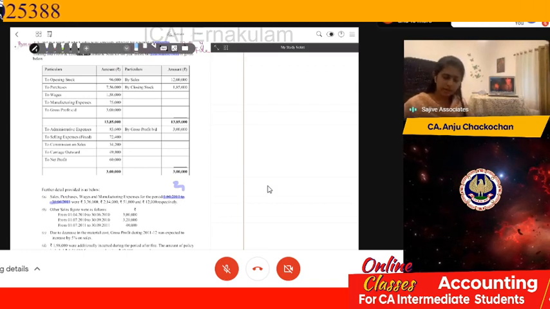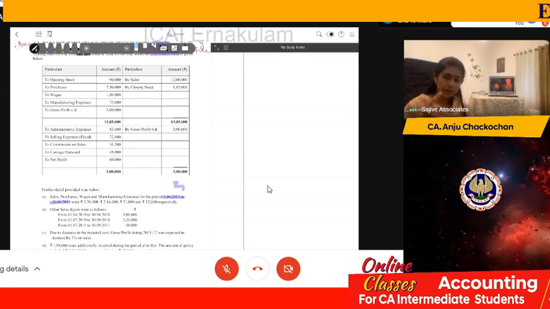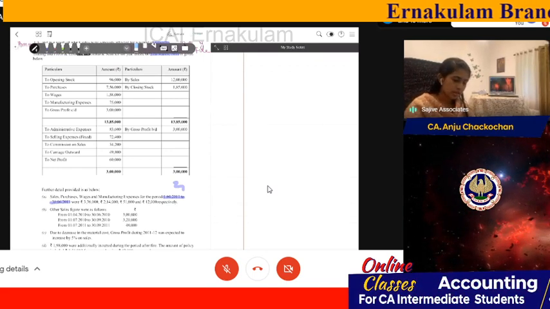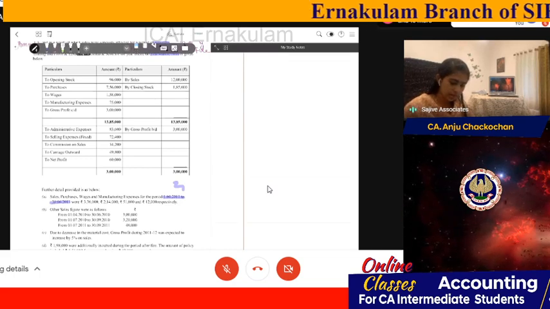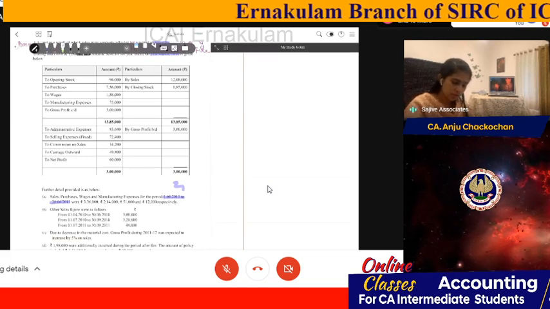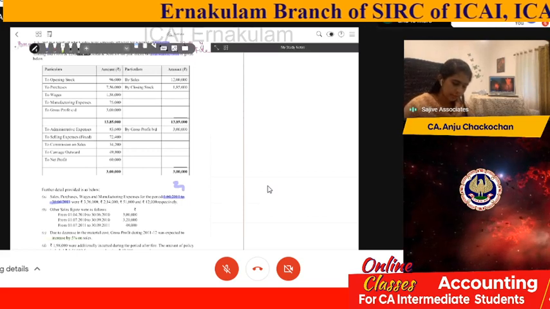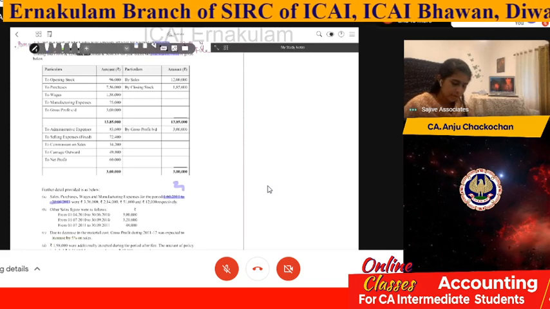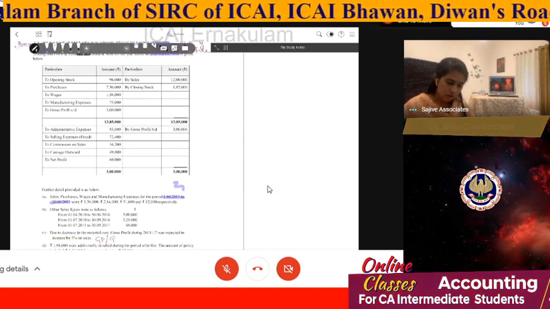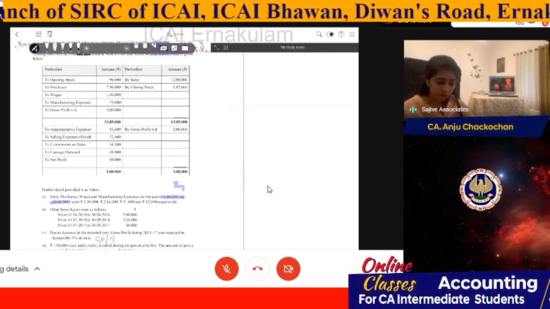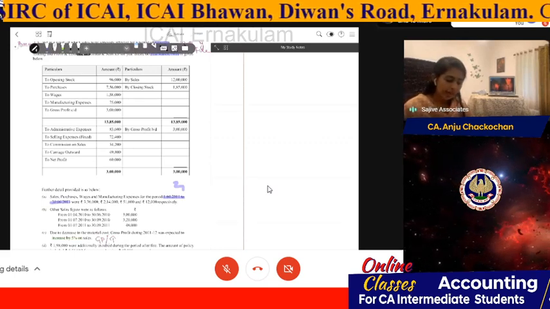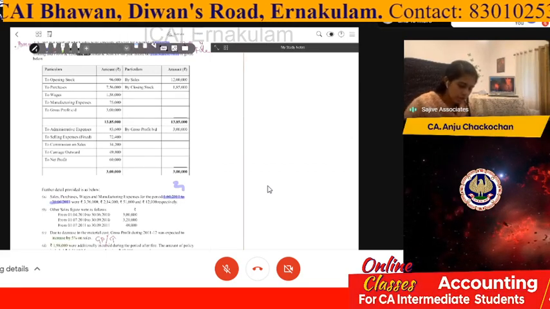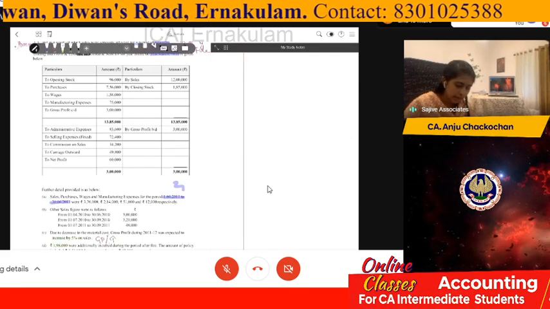And due to decrease in material cost, GP was expected to increase by 5%. Okay. So GP percentage was expected to increase by 5% on sales. 1,98,000 is the additional expense.